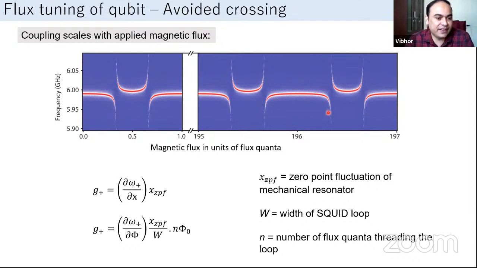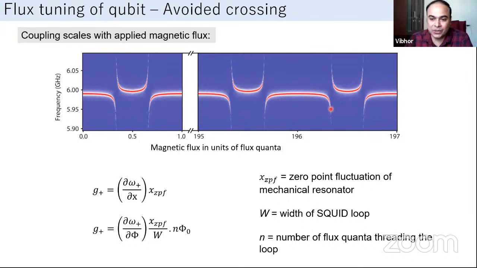Okay, so to characterize the mechanical resonator, we bias the system somewhere here in some higher magnetic flux lobe, where the slope of this dressed mode is higher. If you, for example, bias here, you get no optomechanical coupling because here the cavity frequency is flux insensitive. But if you park it here where the slope is maximum, you will get a large optomechanical coupling.